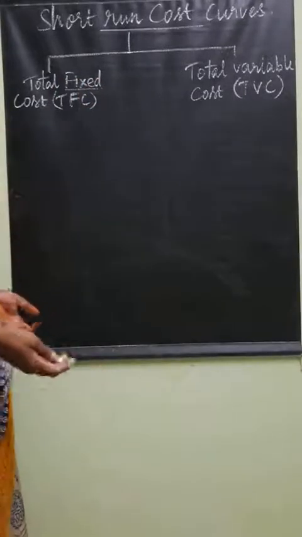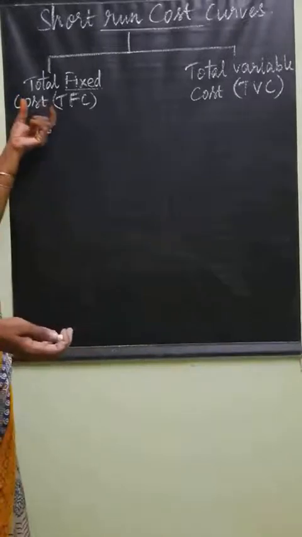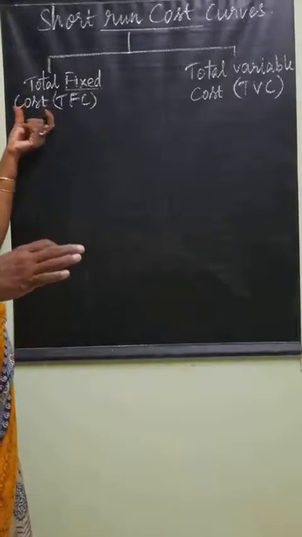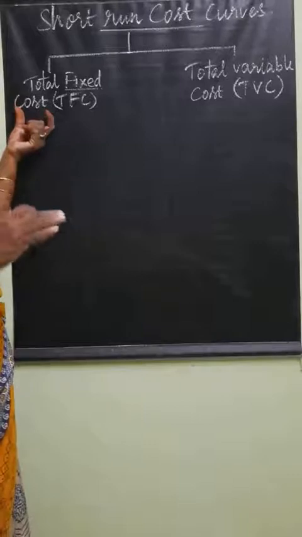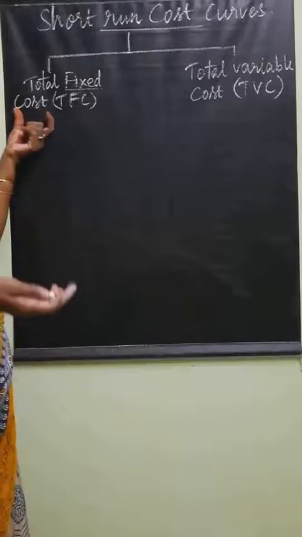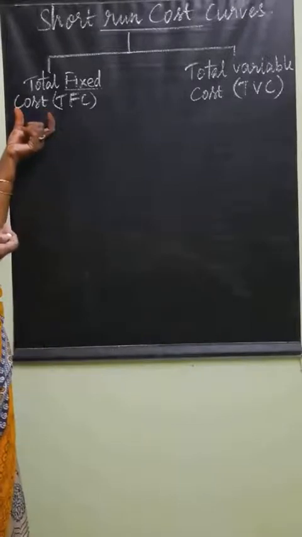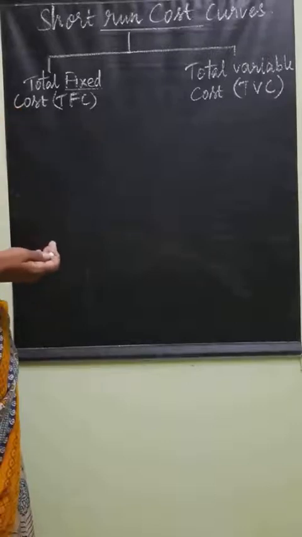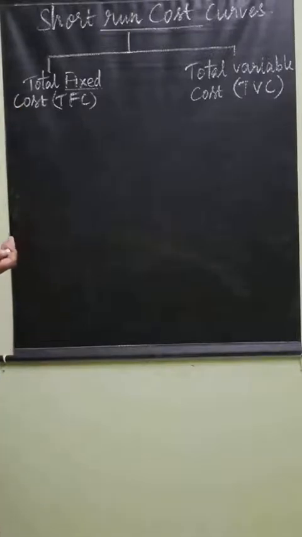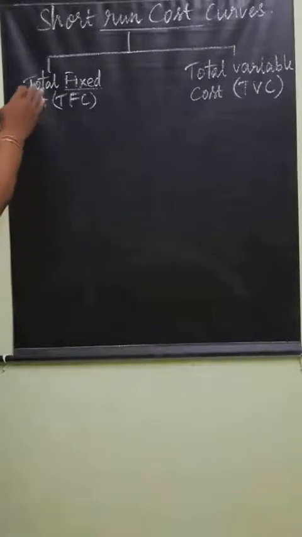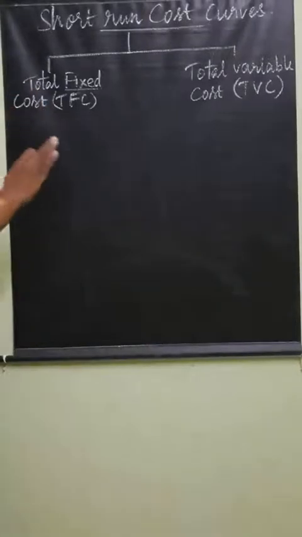Whatever the output, whatever the production, the cost doesn't change. We have to pay for it. For example, rent for the building, salary for the employees, insurance and other things. Whatever the production, whether it is increased or decreased, we have to bear such expenses. Those are called fixed cost.